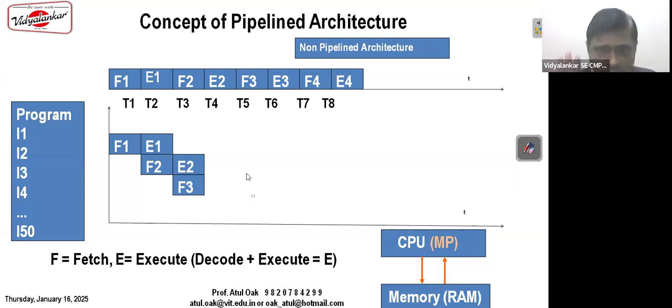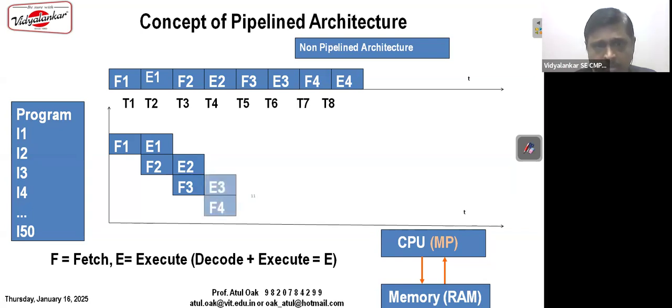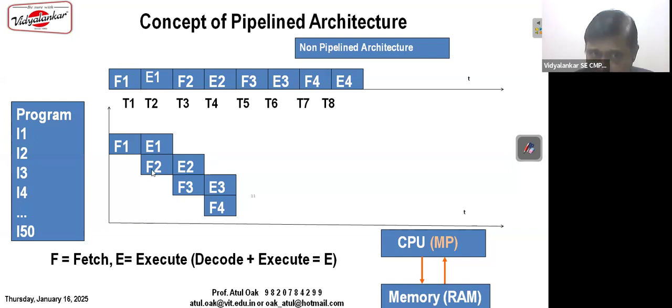Okay, we will take 4 instructions only. So you will go for decode, execute instruction 3 and fetch instruction 4, where there is overlapping, see my words carefully, overlapping of fetch and decode execute.